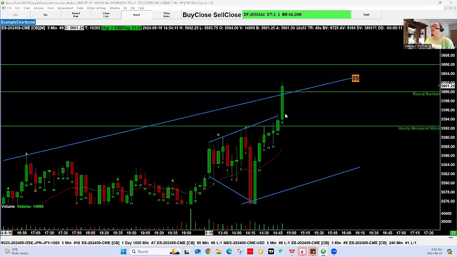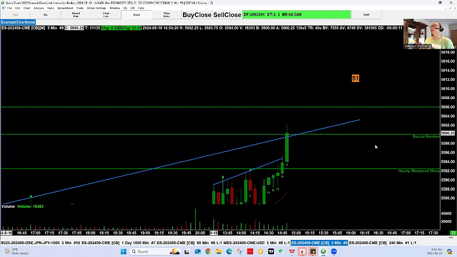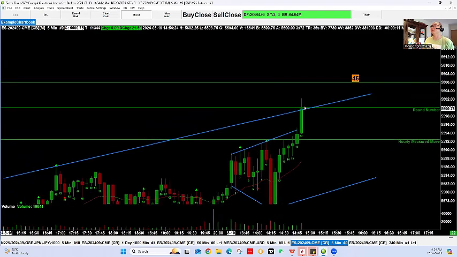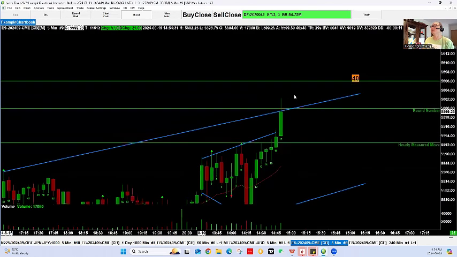A strong breakout bar. It may lead to a measured move. The round number 5600. See if this bar can close at its high, or reverse back from the round number.